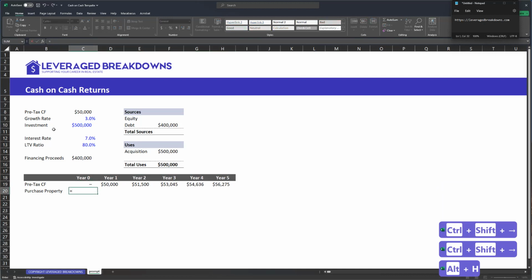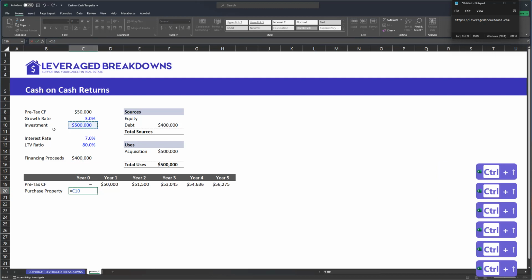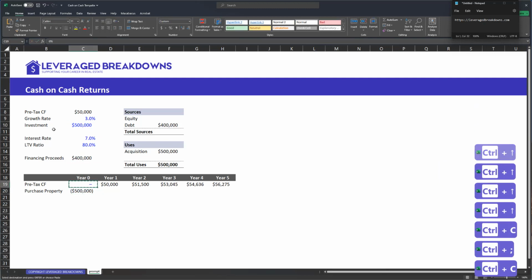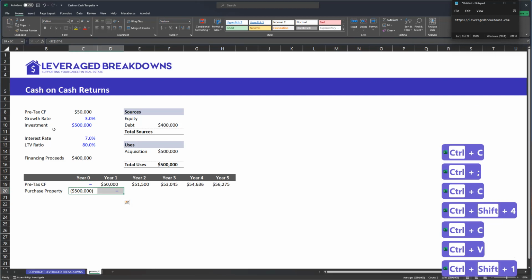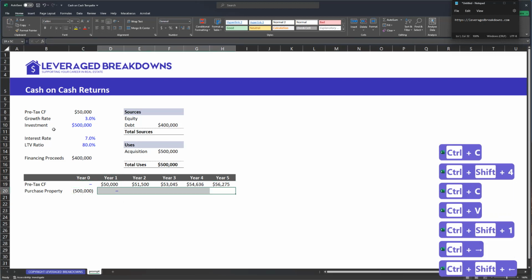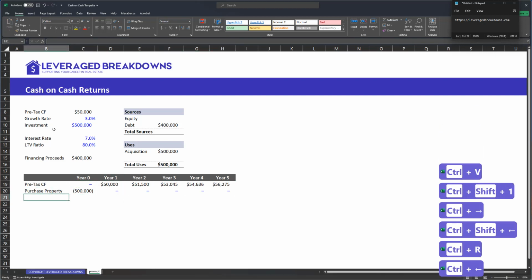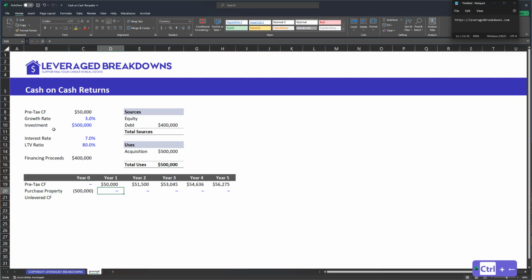Purchase our property. Zero in all the other years. That's our unlevered cash flow.